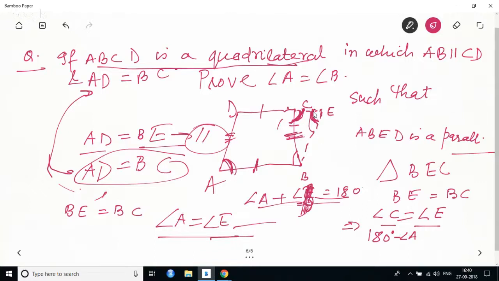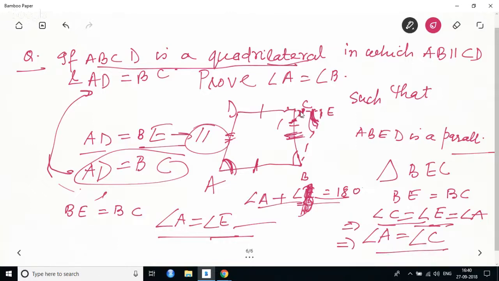Okay, so guys, try to understand. Now angle A and angle E are equal. I have proved that angle C and angle E are also equal. So if I can write it here, angle A and angle C are equal.